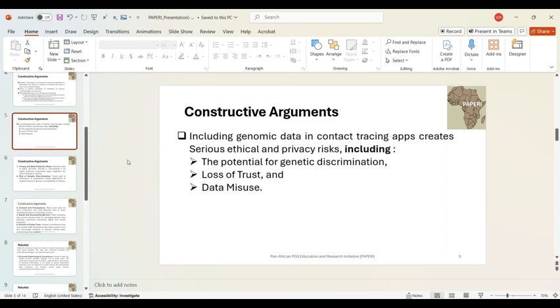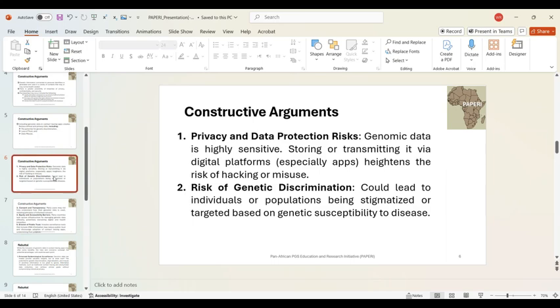Including genomic data in contact tracing apps can create serious ethical and privacy risks, including the potential for genetic discrimination, loss of trust, and data misuse. When it comes to privacy and data protection risk, genomic data is highly sensitive.